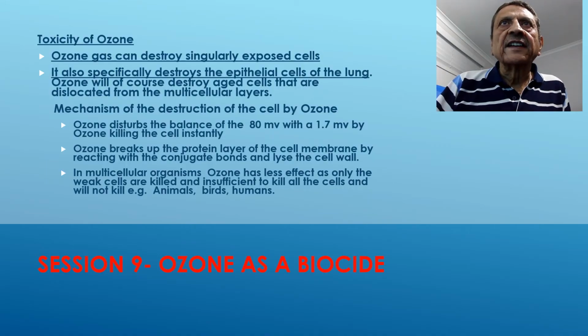Ozone gas can destroy singularly exposed cells. It also specifically destroys the epithelial cells of the lung, and therefore ozone is toxic to the lung. Ozone will not destroy ordinary cells which are multicellular.